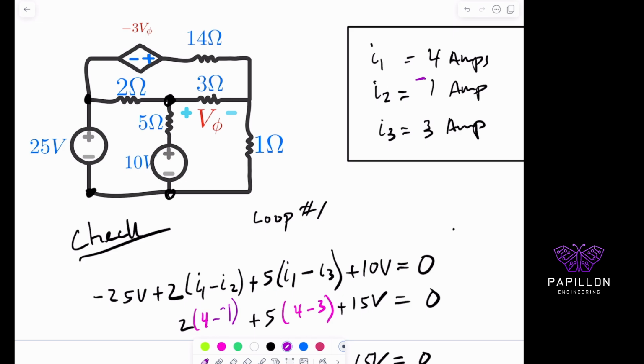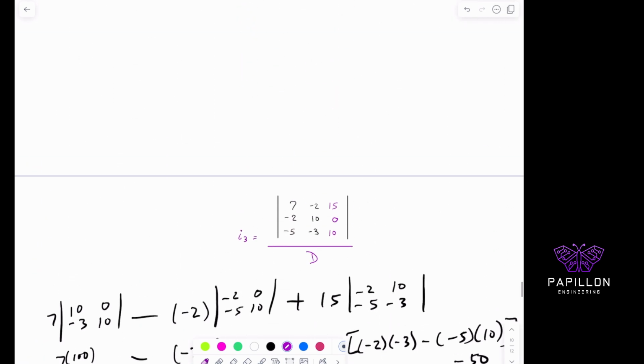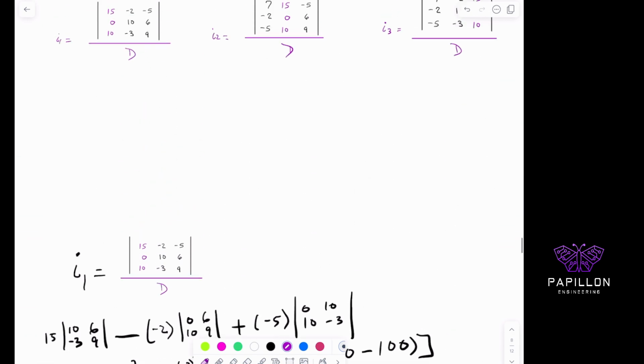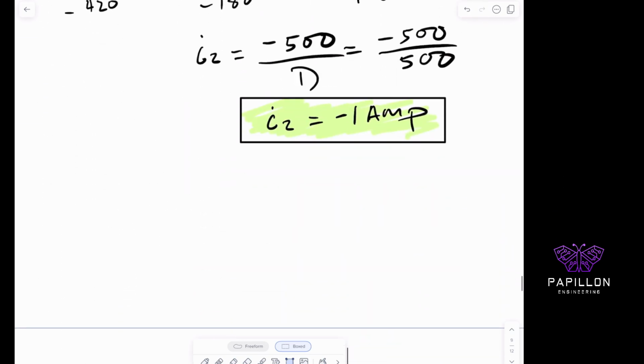You know what? If we look at loop number 2, for example, we can do loop 2 next because it makes more sense in order to solve for the final one. Let me go ahead and copy and paste that for you. So the loop 2 equation is over here. Okay, so this is my loop 2 equation to save some time and energy.